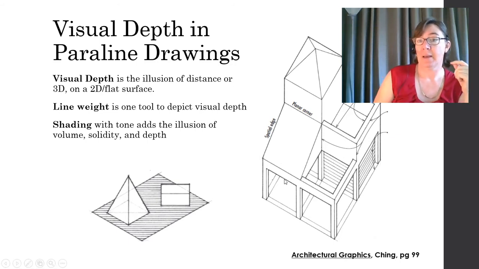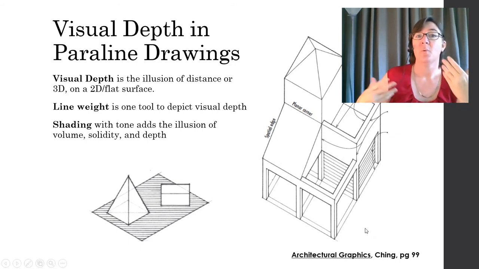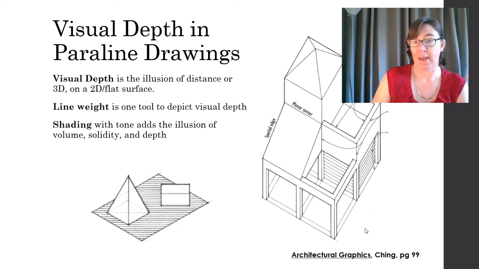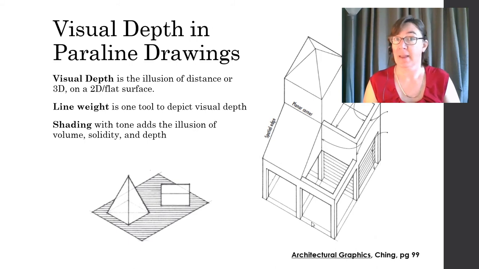So you can see here on the right-hand side, we have an illustration of using line weight on this drawing. And so you can see that the spatial edge, it's called out, so that the important edges are darkened and maybe some less important lines are a lighter line weight.